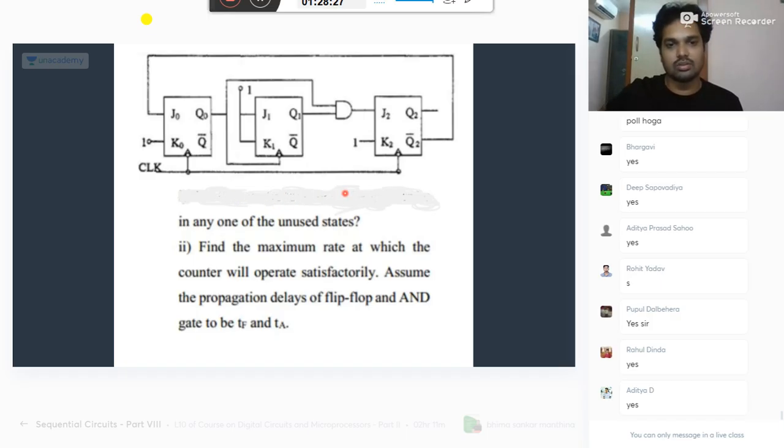I will give you the options. Only find the modulus of the counter. Shall I give any hint for you?